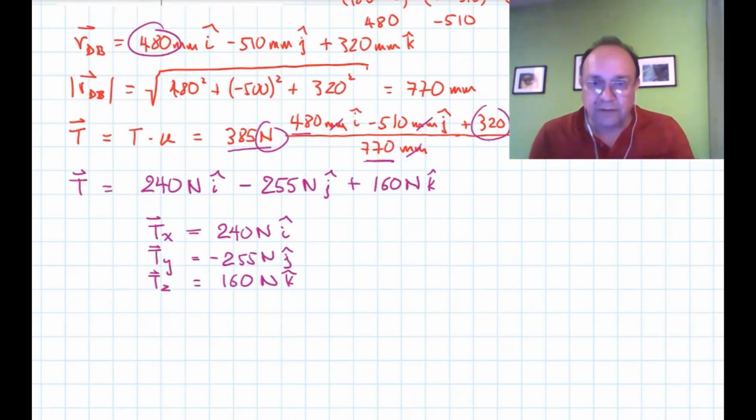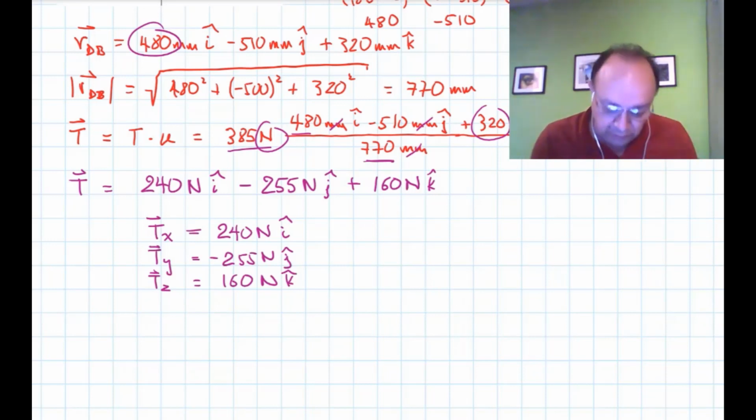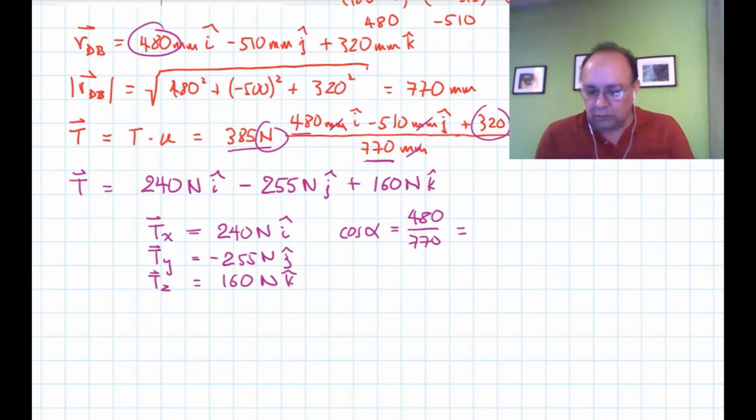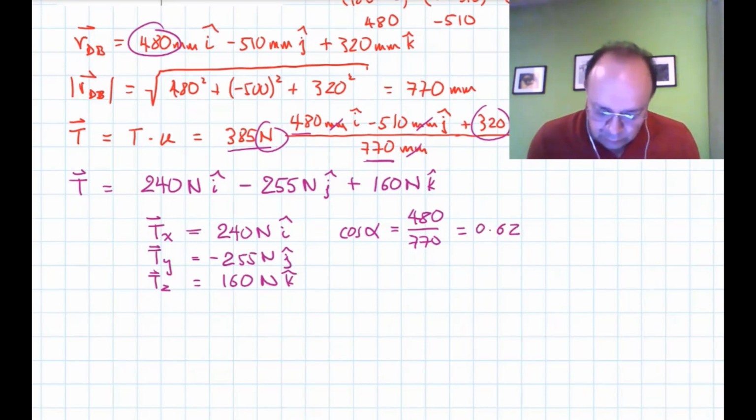Let's find the angles alpha, beta, and gamma now based on the direction cosines, and let's verify those cosines. The squares of those cosines add up to 1. That will be a nice check. So cosine of alpha is equal to 480 divided by 770, which equals 0.623338.